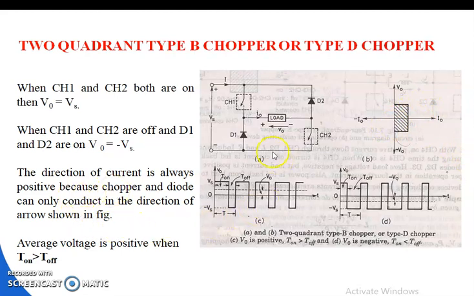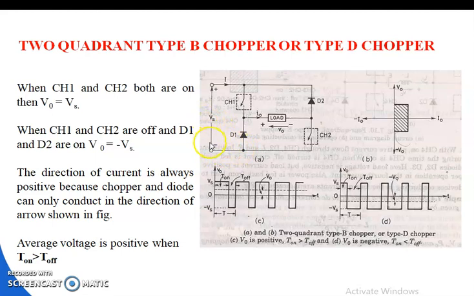Then case 2, whenever choppers CH1 and CH2 are off, the load is transferred to the two diodes by forward biasing them. That is, it is transferred to diodes D1 and D2. But the path of the current will be just reversed.